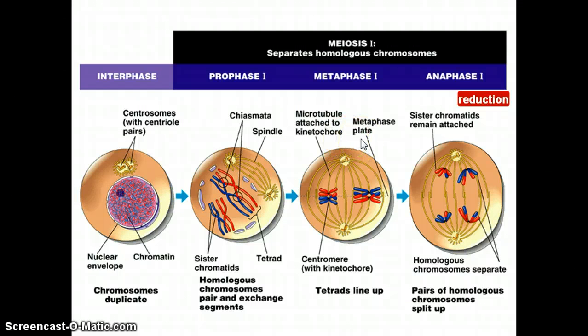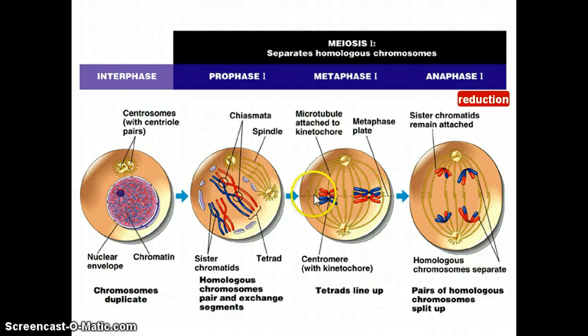Now in metaphase 1, we have our homologous chromosomes in their tetrad formation, and they're lined up on this metaphase plate. We have one of the homologous pairs facing one pole of the cell, and the other homologous pair is facing the other pole.